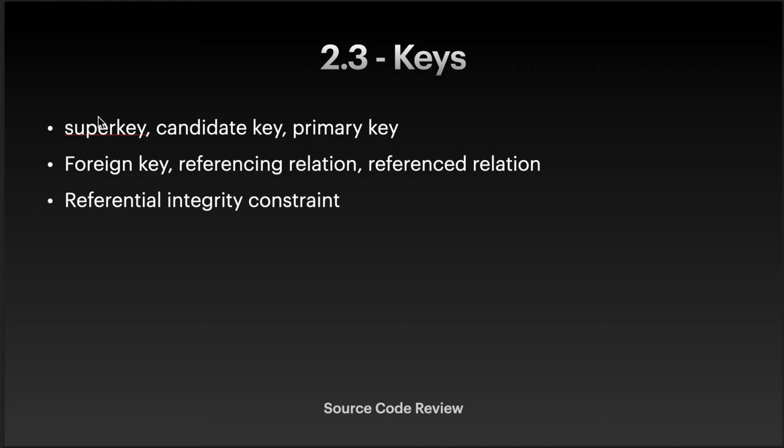Okay, so we have three types of keys. Super key, candidate key, primary key. Now, the way they are listed on the screen, so super key, candidate key, primary key, that's the order in hierarchy. So we have this thing called a super key. Now, what is that? It's an attribute within a relation that is unique.